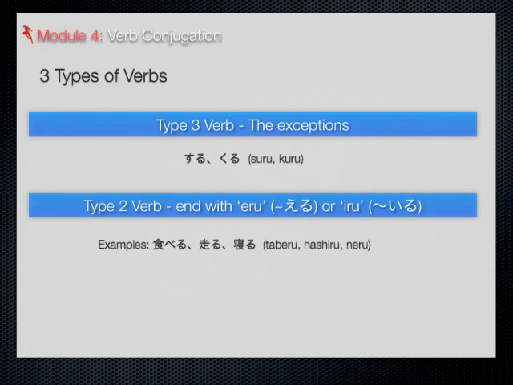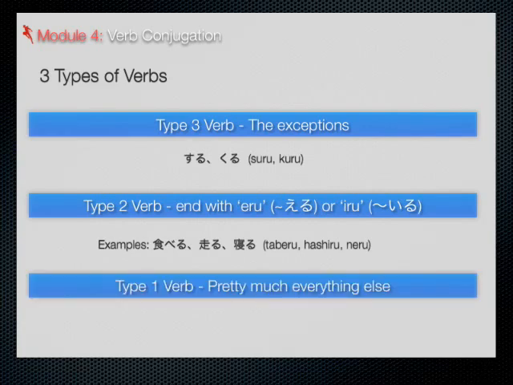A notable exception to this rule is the verb kaeru, which is to return or to go home. Although this ends in eru, it's actually a type 1 verb, which we'll cover now. If the verb you're looking at doesn't fit into either the type 3 or type 2 category, then you have a type 1 verb. That's pretty much everything else. Examples of type 1 verbs are nomu, arau, and asobu, which are to drink, to wash, and to play.